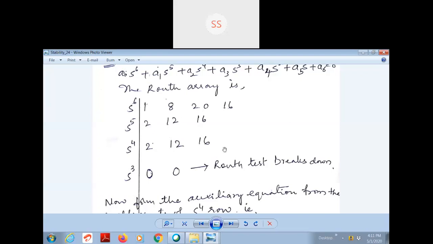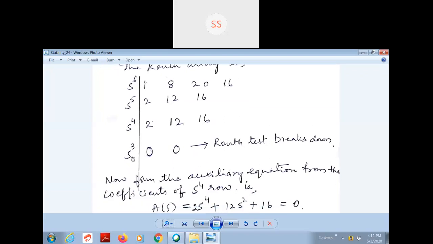Then we calculate b3: (2 into 16 minus 1 into 0) divided by 2. Because we don't have any a7 in the equation, that is 0. So 2 cancels and only 16 is the remaining value. Okay, so now this is the s to the power of 4 row.